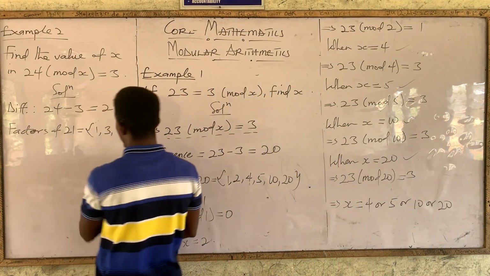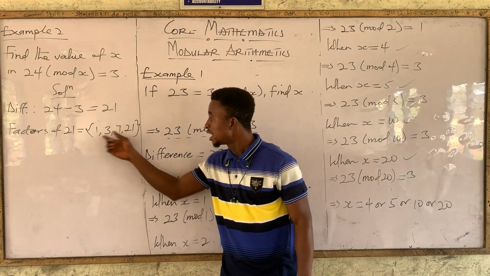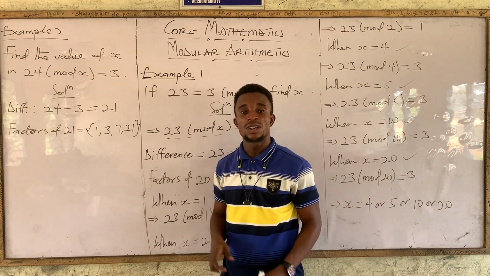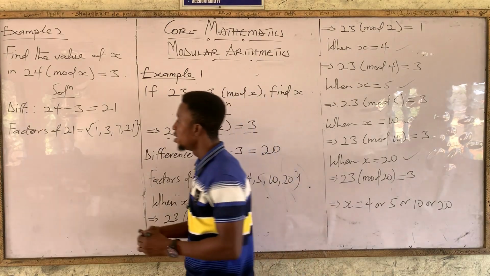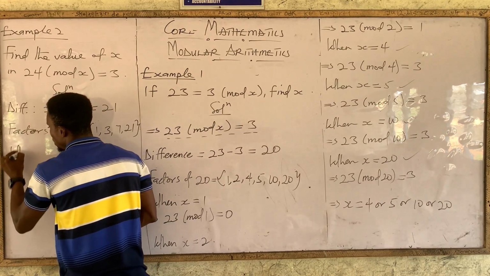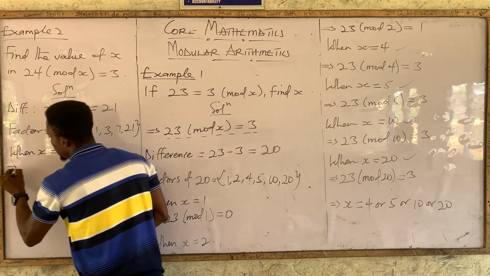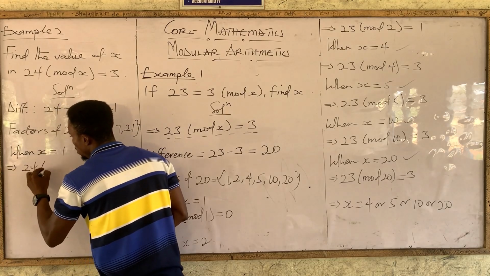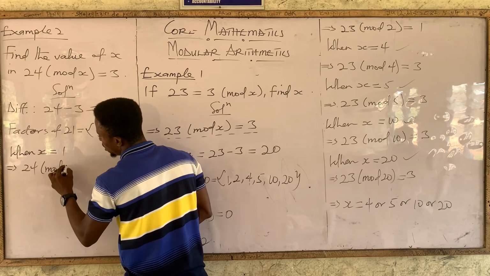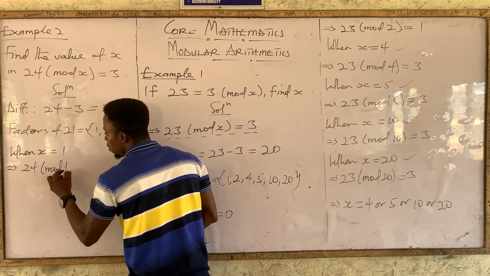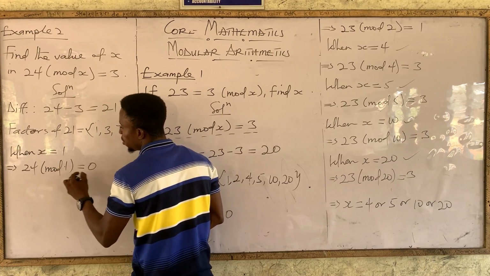So now I have them. Then I put each of the factors inside the statement to verify. I take the first one, when X is equal to 1. This implies that 24 mod 1 is equal to 0.